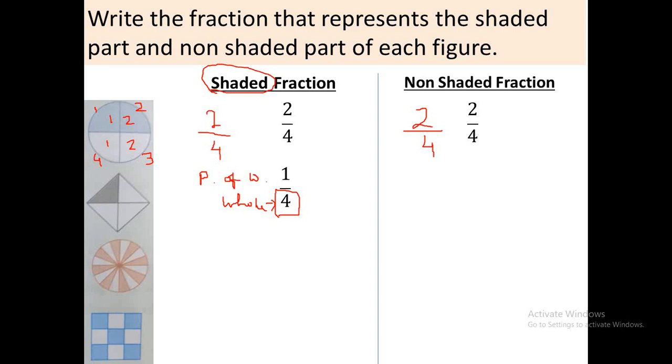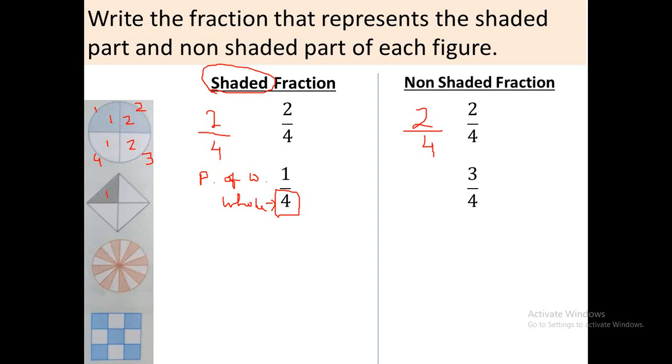So how many parts are shaded? Only one part has been shaded. So I will write 1. So the answer is 1 by 4. And the non-shaded fraction, see, 3 parts are non-shaded. So I will write 3 by whole is 4. So 3 by 4 is the answer.